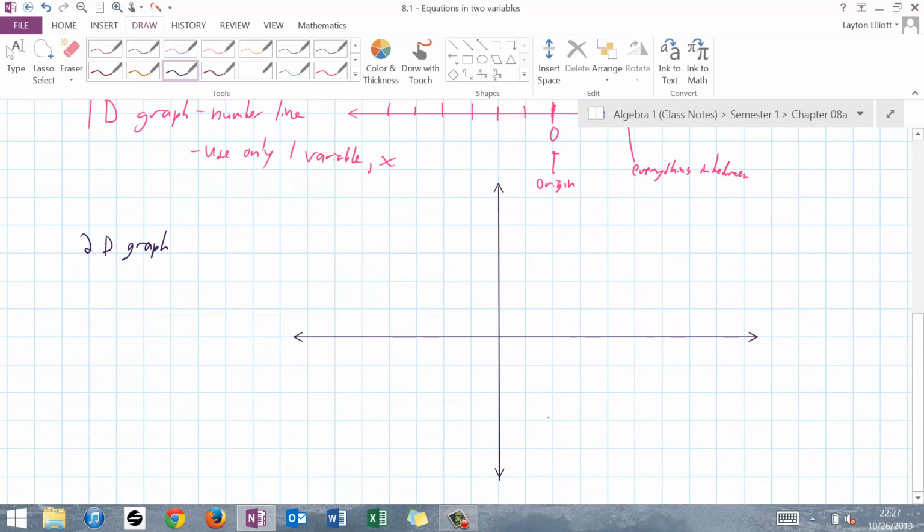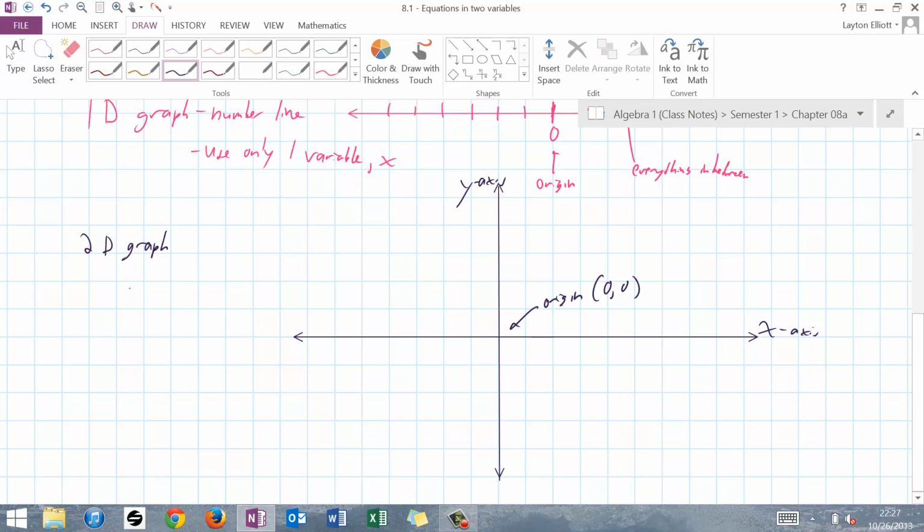And that crosses, and that gives us our 2D graph. This is still where we plot x, but now there is a y-axis as well. X-axis, y-axis. We have an origin, and that's at the ordered pair (0, 0).